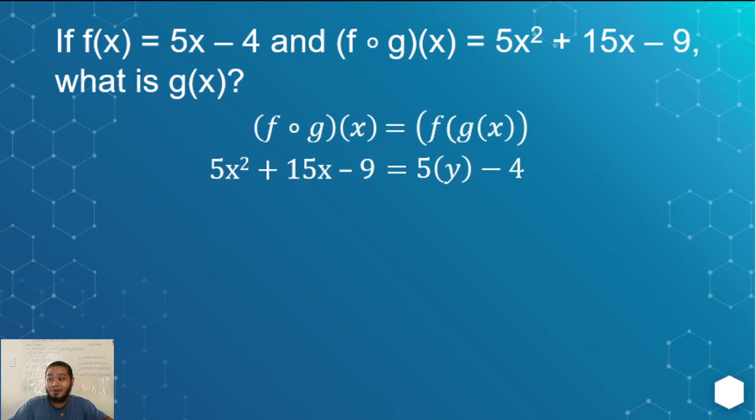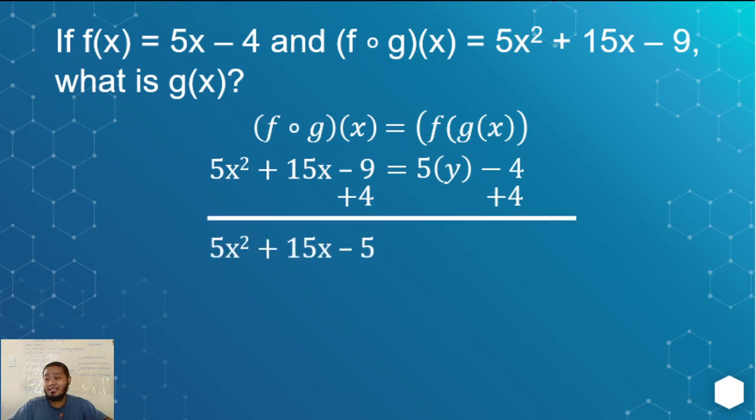For us to solve for y, we're going to add positive 4 on both sides. Next, simplify the one on the left side, we will get 5x squared plus 15x minus 5. While on the right side, we will have 5y.